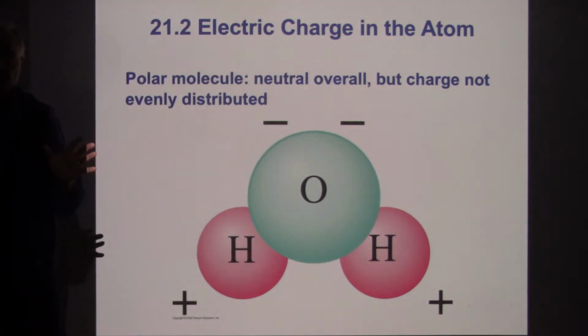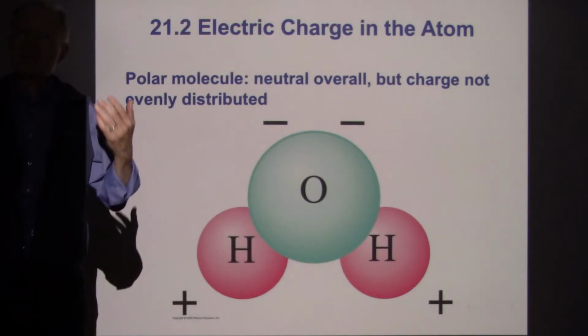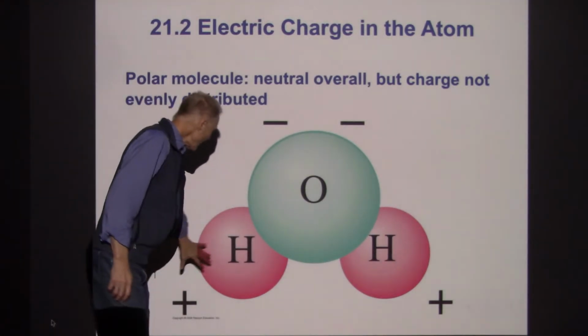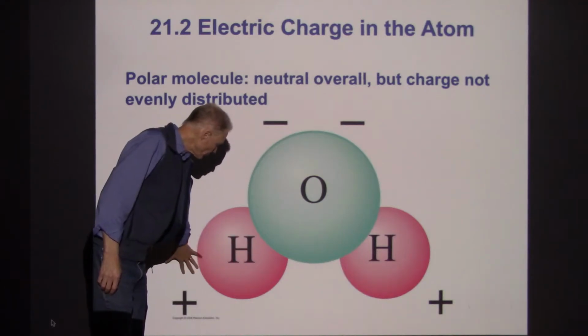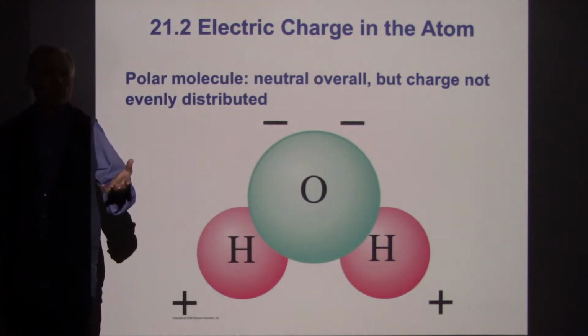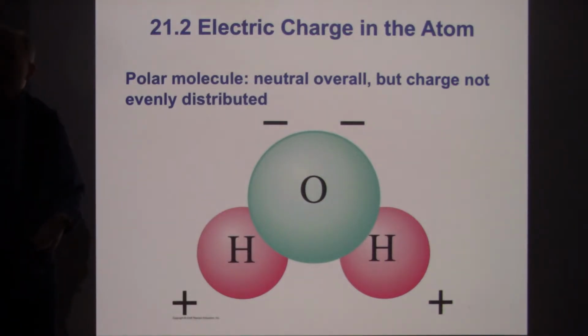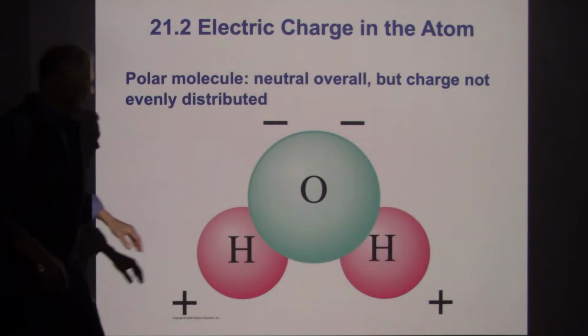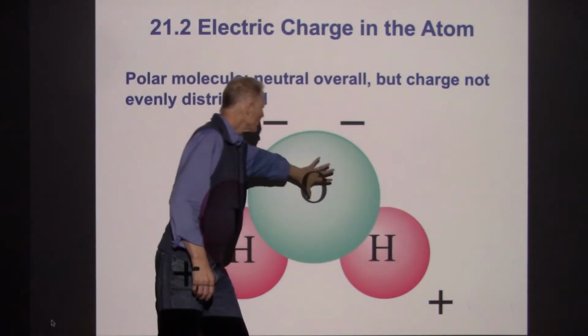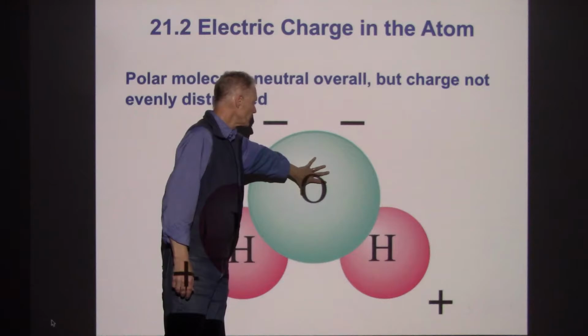Electrically, they're neutral, so we don't have any net charge acting on these. But what we do have are regions of the molecule that are more positively charged, meaning that the electrons don't go there as often. The electron density is not as high there, not enough to offset the positive charge of these nuclei. Over here we're seeing more electron density.